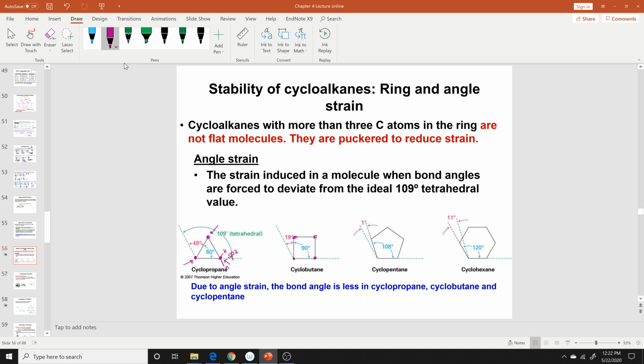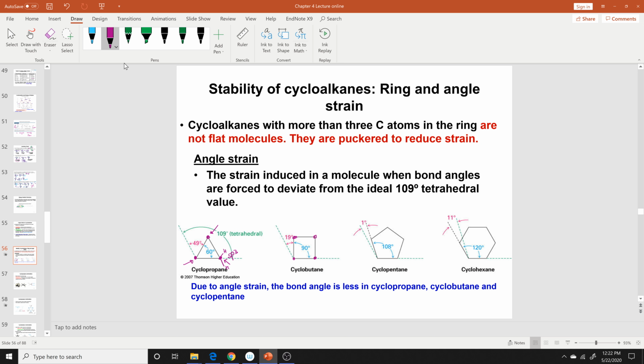The point is, this expansion and compression of the bonds is going to cause an angle strain, and this angle strain is going to increase the energy of our structure. So increasing the energy of our cycle is going to make our cycle less stable. So the cycle is going to try to arrange its carbons in a way to relieve the angle strain a little bit.